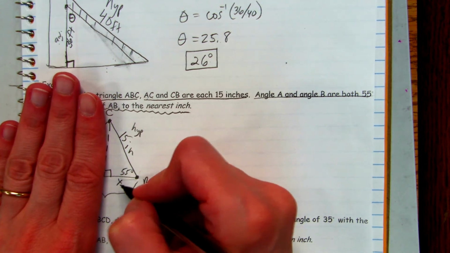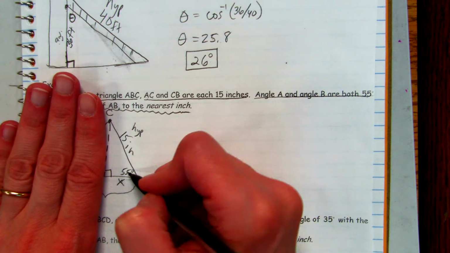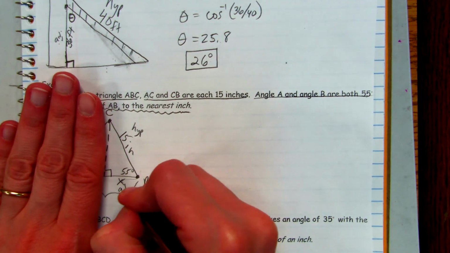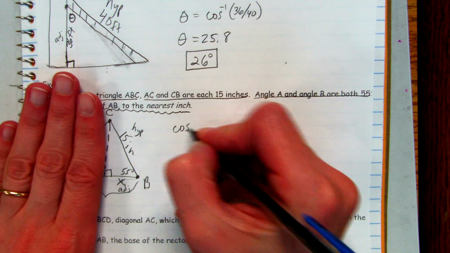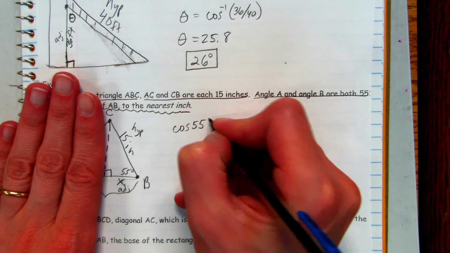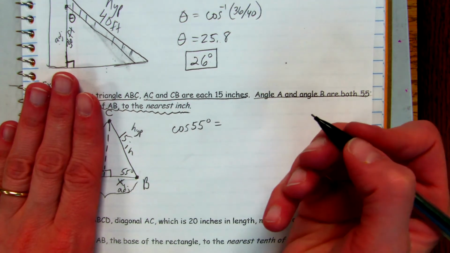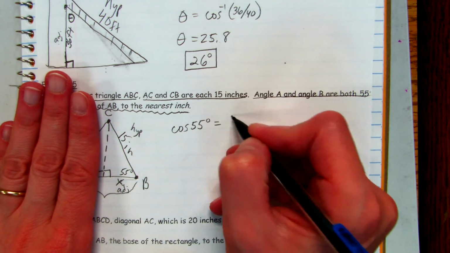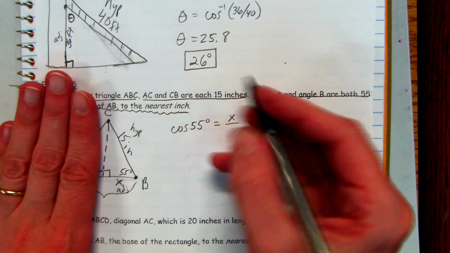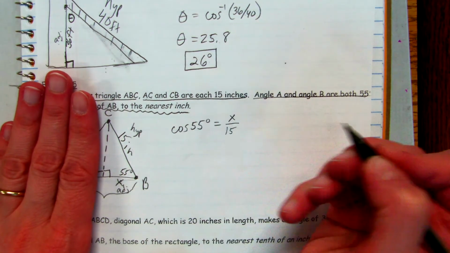I'm sorry, the X down here, is it opposite or adjacent, the 55? Adjacent, okay? So if I have adjacent and hypotenuse, that's cosine, we just did that. So cosine of 55 degrees equals, and then we're going to look for this X, so that's your adjacent side, and then that goes over the hypotenuse, which was 15.